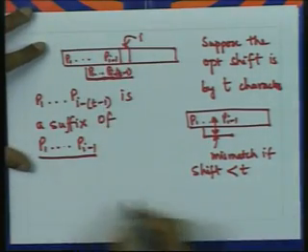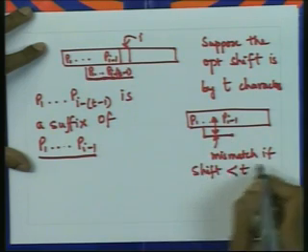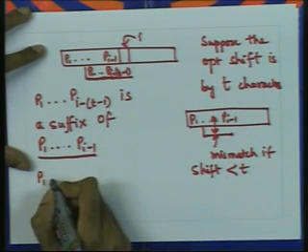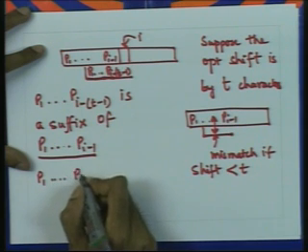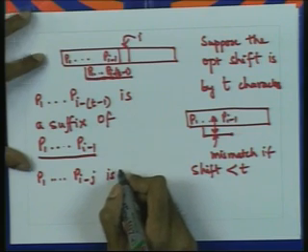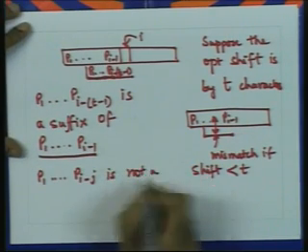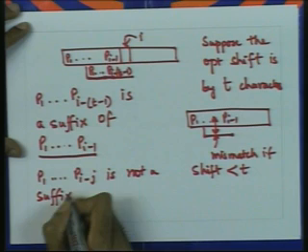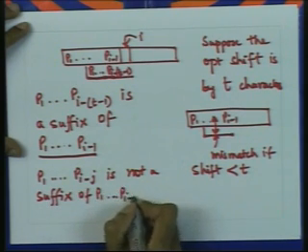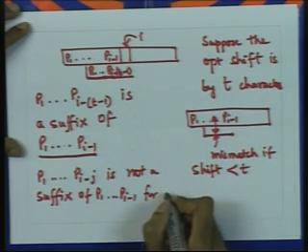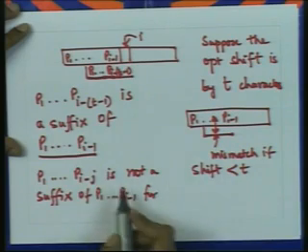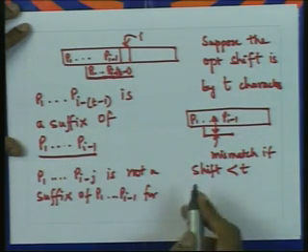And because there is a mismatch somewhere here, we also know that P1 through Pi minus, let's say, j is not a suffix of P1 through Pi minus 1 for values of j which are smaller than T minus 1.